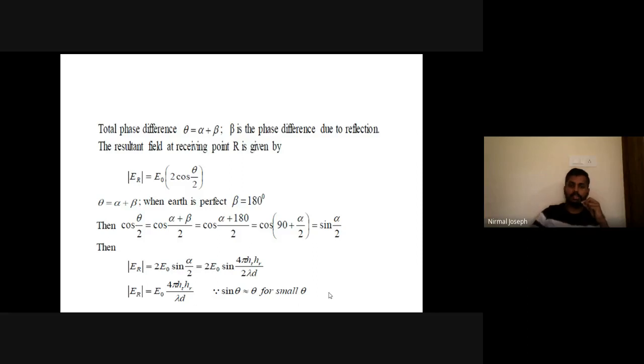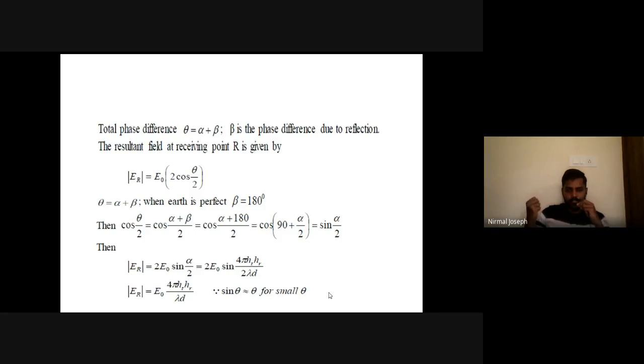So we know the phase difference, and we want to calculate the total phase difference. The total phase difference theta is alpha plus beta. Alpha we have already calculated, that is the phase difference due to the path difference of the two waves. And beta is the phase difference due to reflection.